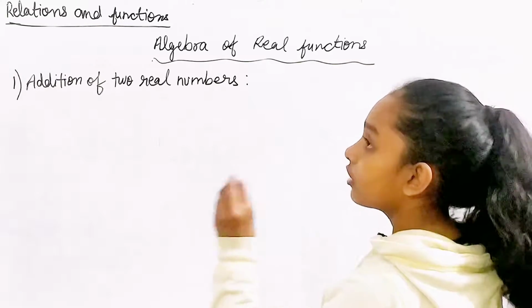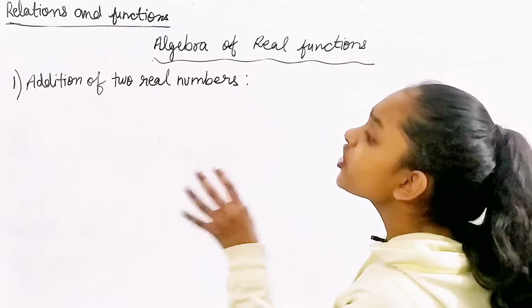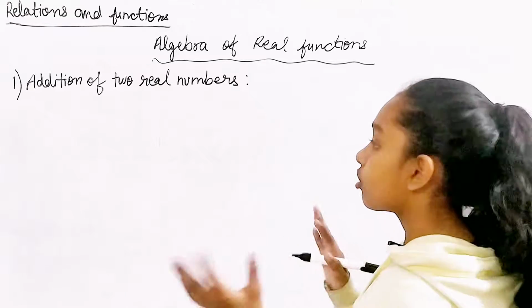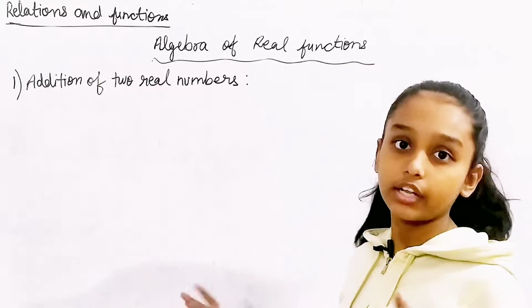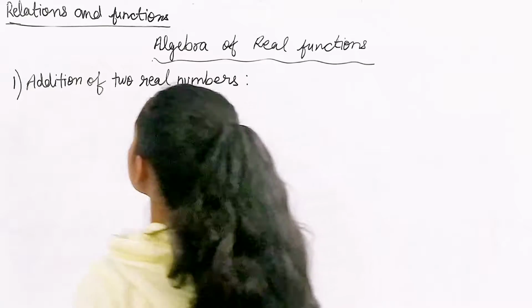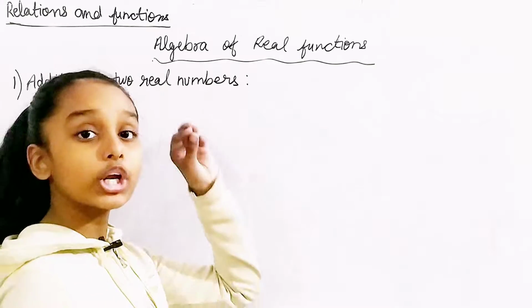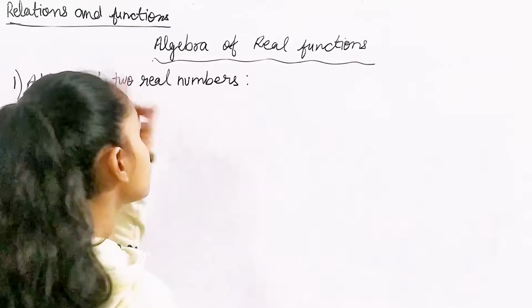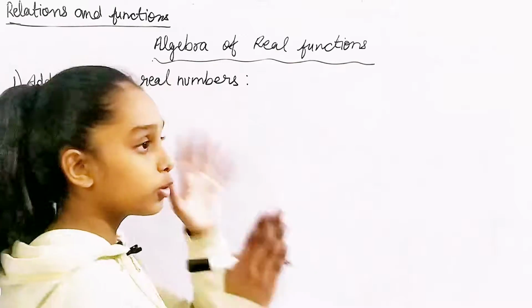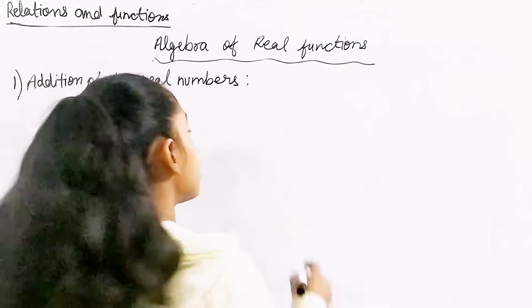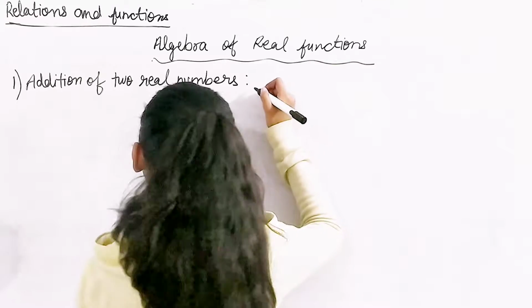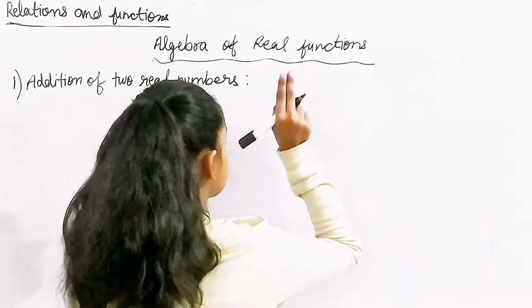First let's take an example. In addition of two real numbers, we talk about two numbers and do their addition. Let's say we have f(x) and g(x).